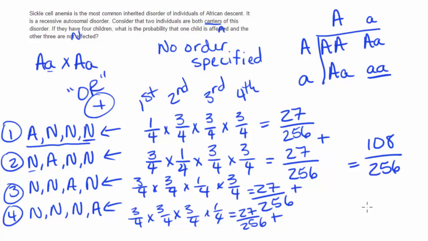And then that does reduce down some, so you would want to reduce it down. So if we reduce this down, it can be divided by 4. And when we divide it by 4, we're going to get 27 over 64. Okay, so 27 over 64 would be the answer for this one. So that tells us the probability that if they have 4 children, 1 child is going to be affected while the other 3 are not affected.